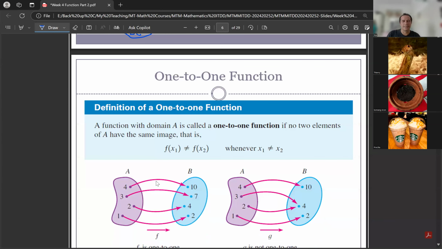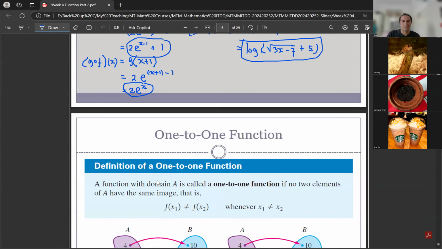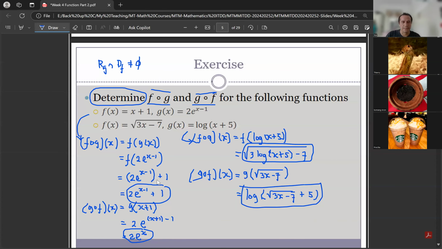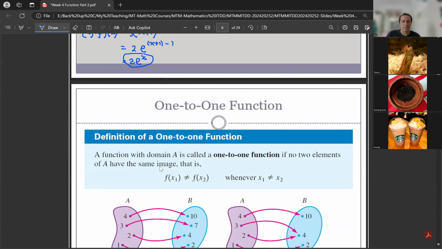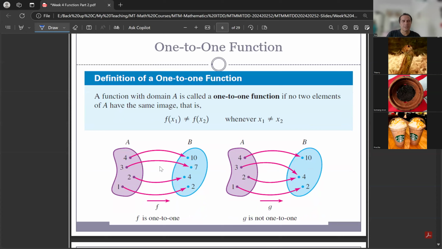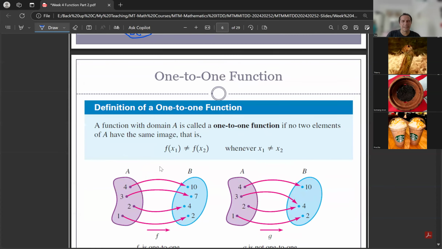Okay. Now, after we can determine the composition of function, we will talk about one-to-one function. One-to-one function means that we make a new restriction to the function. So not every function is a one-to-one function.